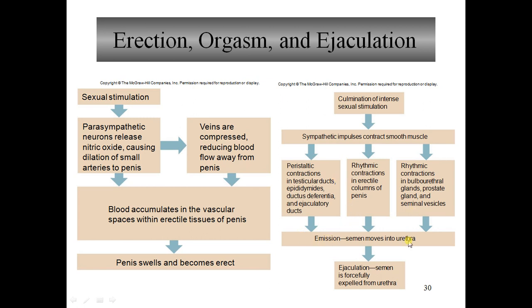All these together cause emission, and semen moves into the urethra, and that is ejaculation, where semen is forcefully expelled from the urethra. So the first is erection, the second is orgasm and ejaculation.